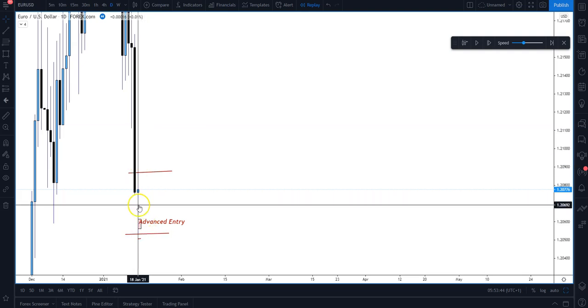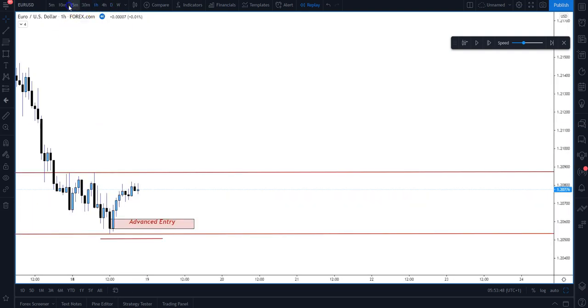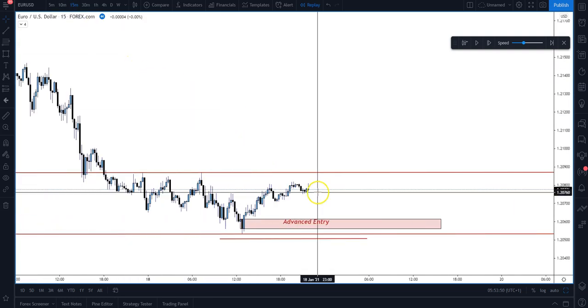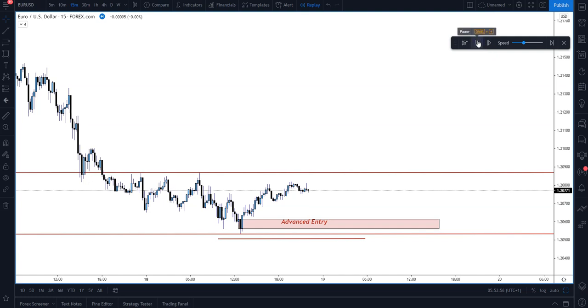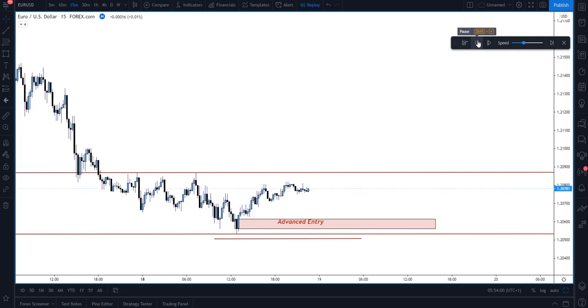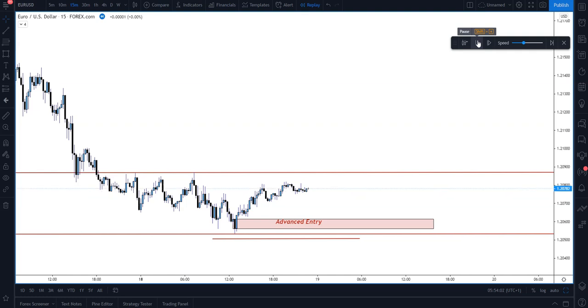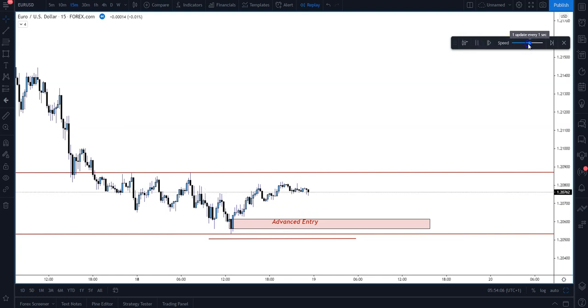a doji on the daily. It's still a doji. So what we're going to wait for is for it to break out, retest, and shoot up. Just got to speed up.